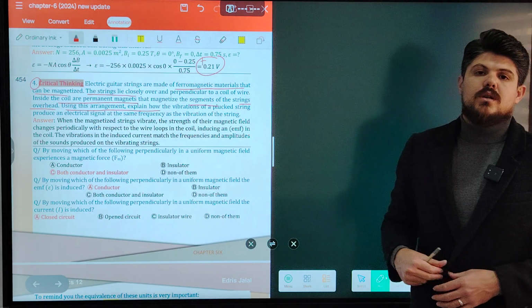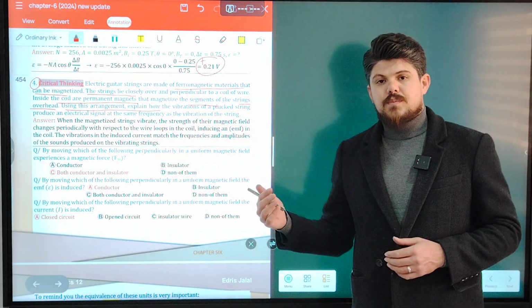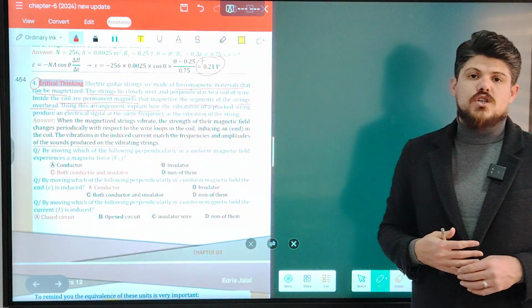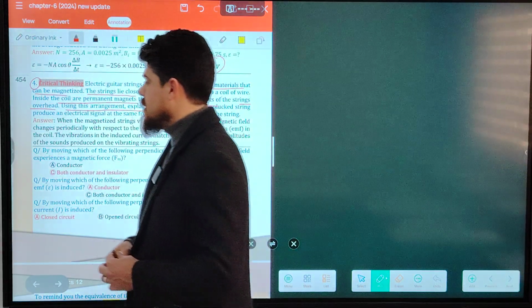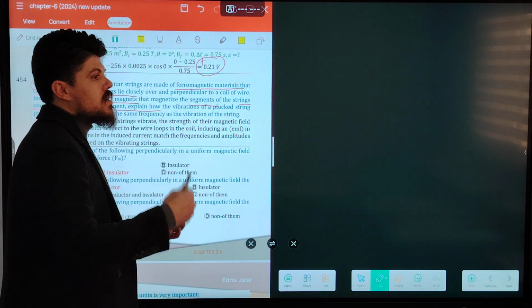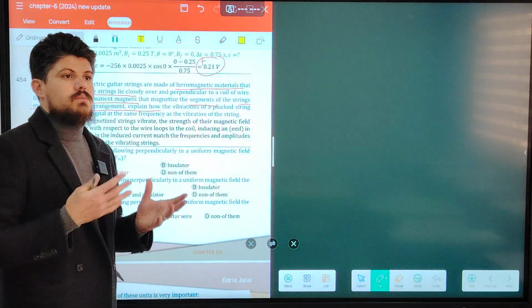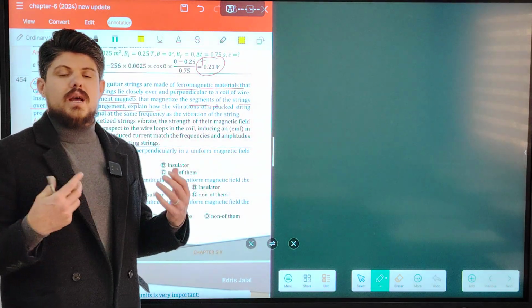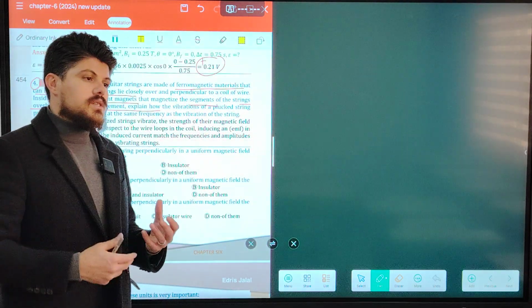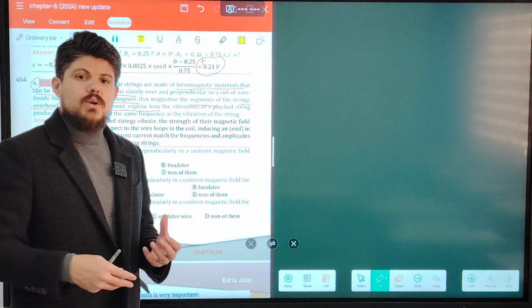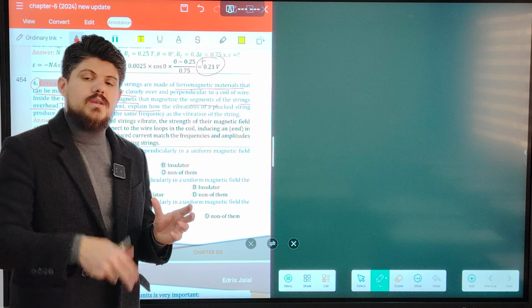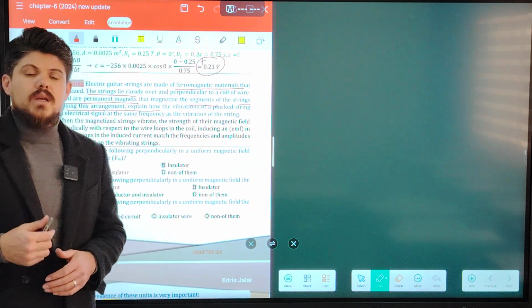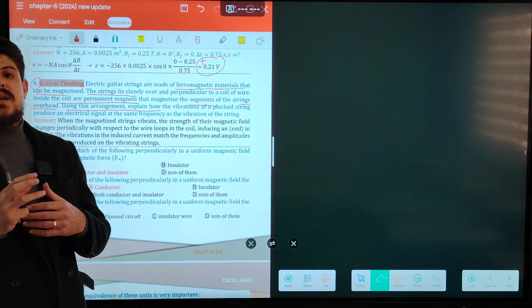An electric guitar can be played by connecting with an AC external source that has a frequency. When the strings are plucked, because the strings are made of ferromagnetic material and can be magnetized, this ferromagnetic material vibrates inside this coil with a permanent magnetic field. When the strings are plucked, current is induced.